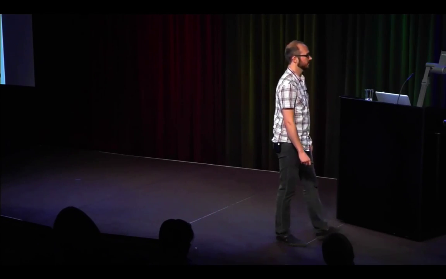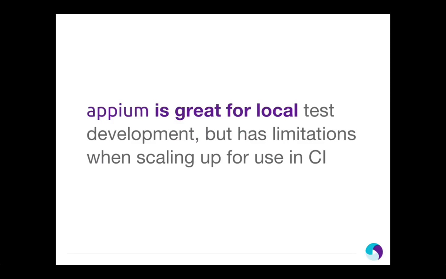So I just demonstrated Appium in a local context, but there are some limitations if I wanted to scale up this kind of test running to use in a build or to use in my continuous integration. One of the obvious limitations is that you can only have one iPhone device or simulator running in instruments for every copy of Mac OS that you have.